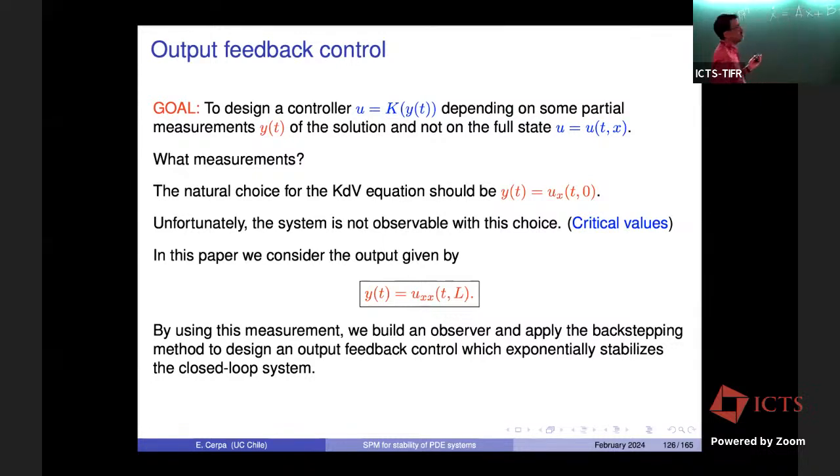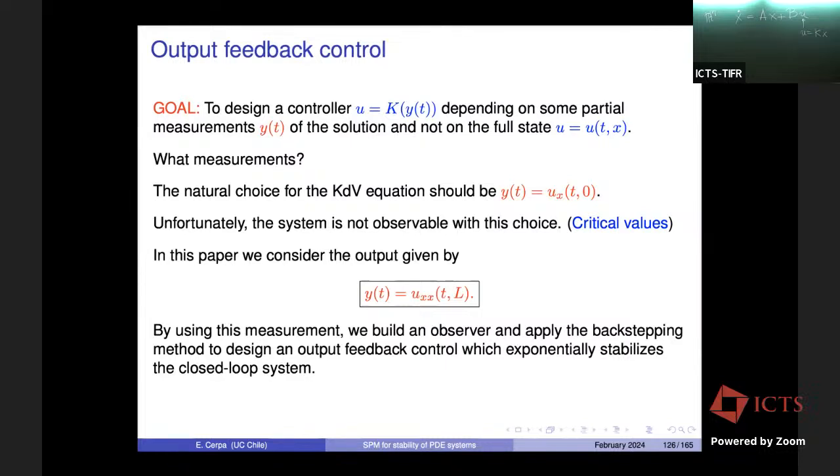When the system is controllable, you know how to build this U in the form K of X. This is the usual full state feedback. That's what we have done here, more or less.